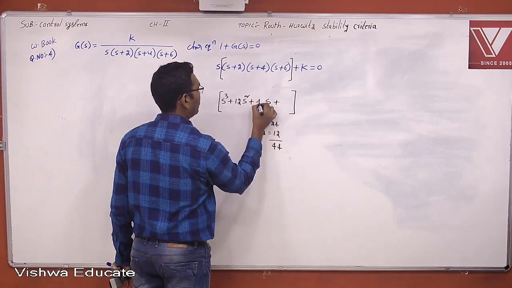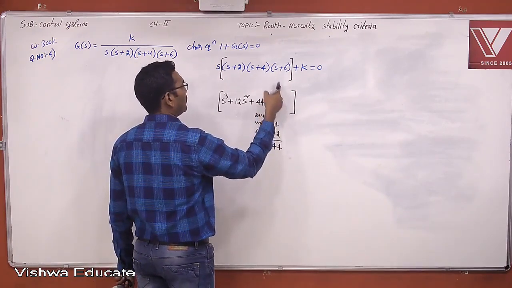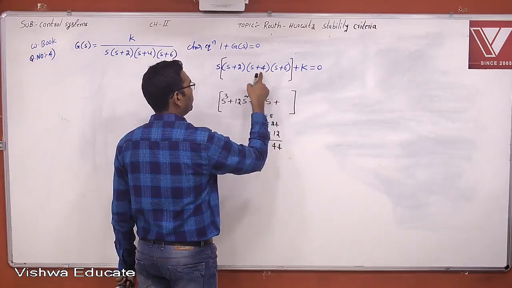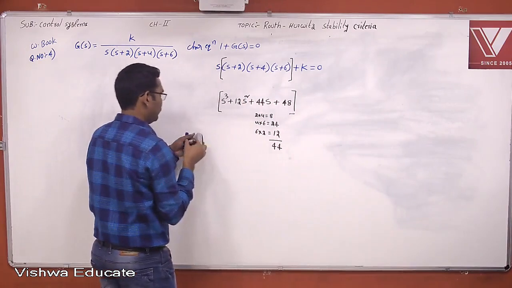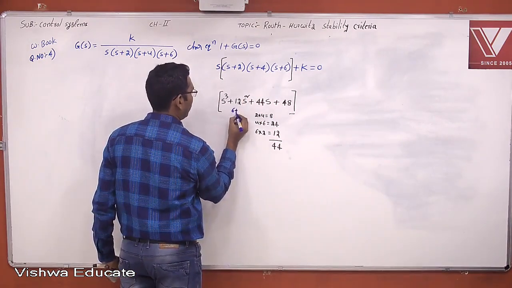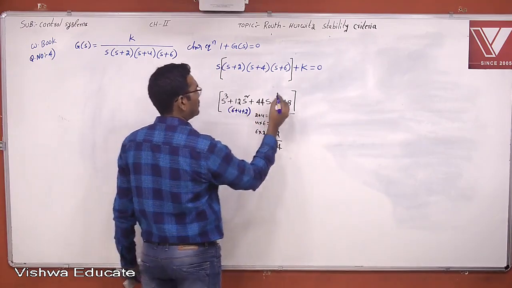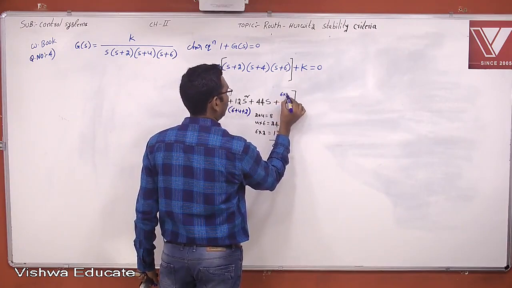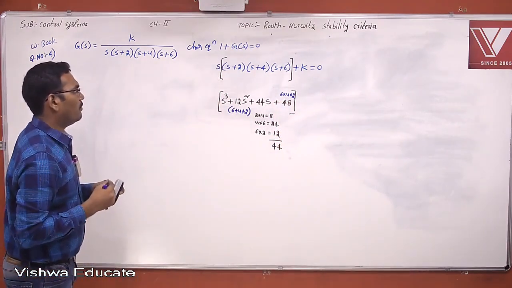This is 44s. And this constant is nothing but the product of these 3: 6 into 4, 24, into 2, 48. Easy, right? This is 6 plus 4 plus 2, and this is 6 into 4 into 2. Direct shortcut method for all 3 terms.